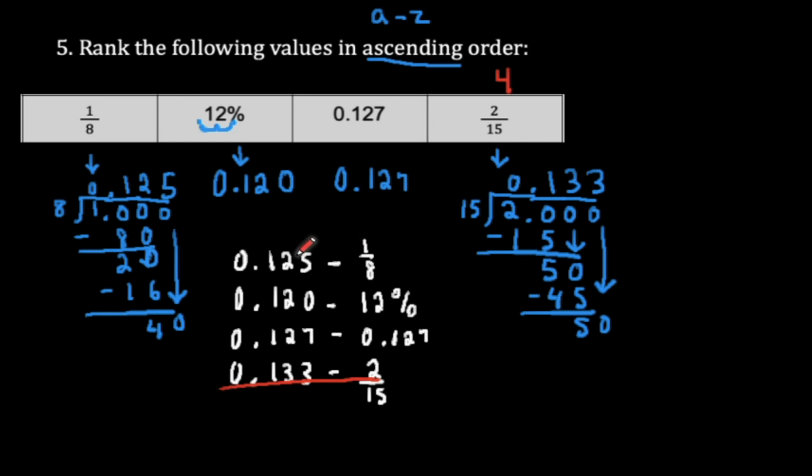All right, and so now we have, let's look at the 5, 0, 7. So from least, which one is least? So we have 125, 120, 127. So 12% is the least, so that's 1.